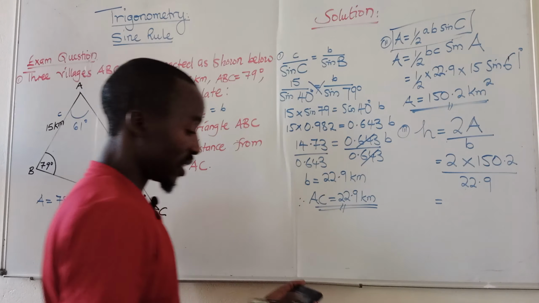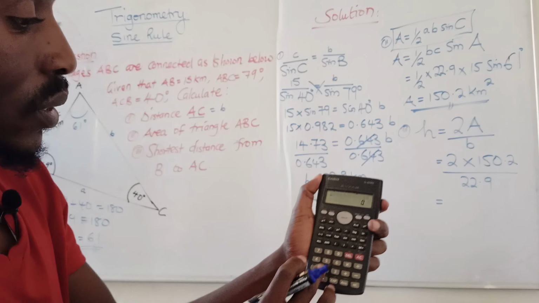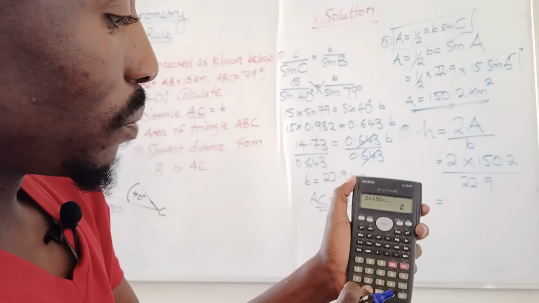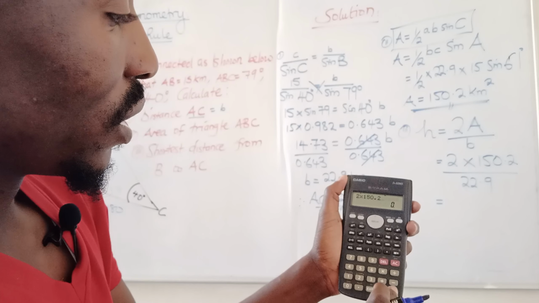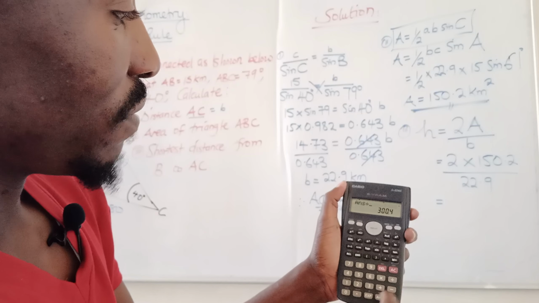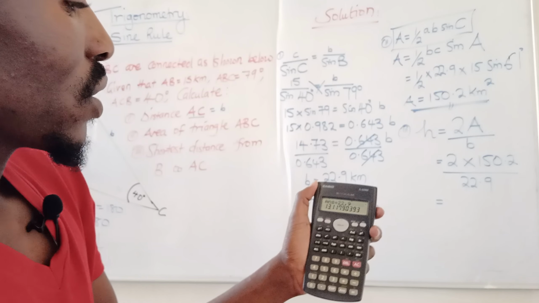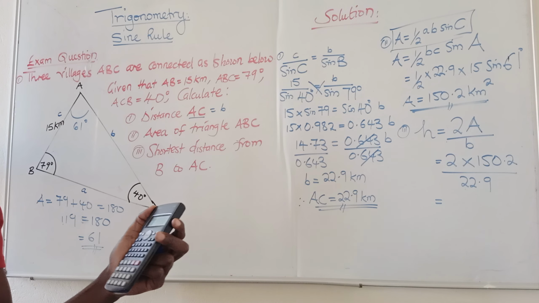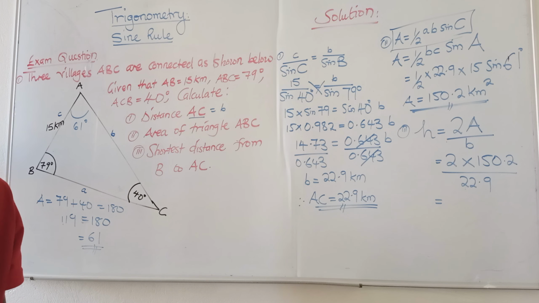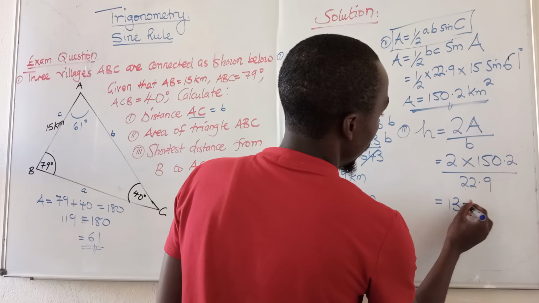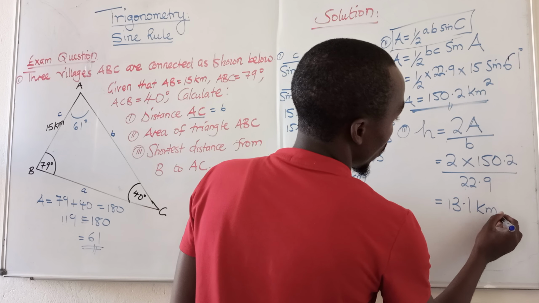So therefore the shortest distance will be equal to 2 times 150.2, and we divide by 22.9. So our shortest distance is 13.1 kilometers.